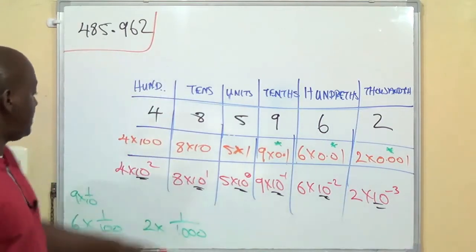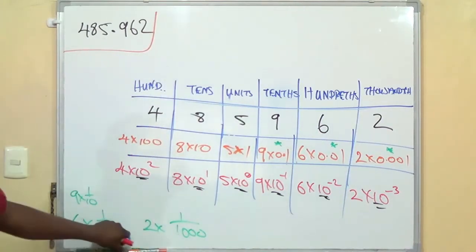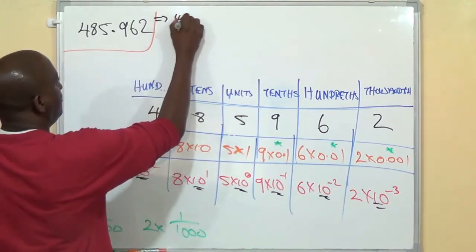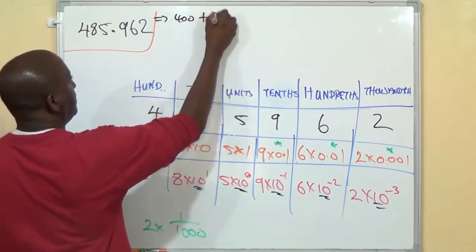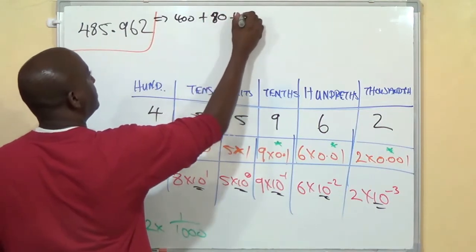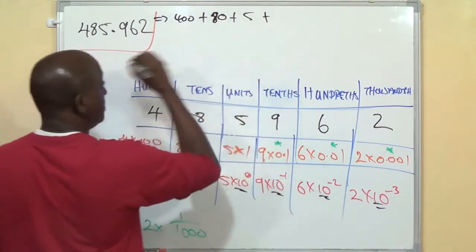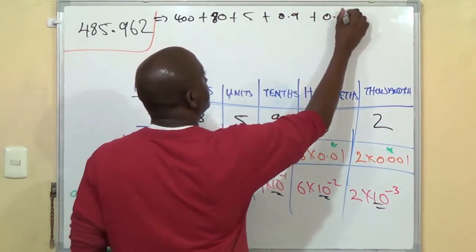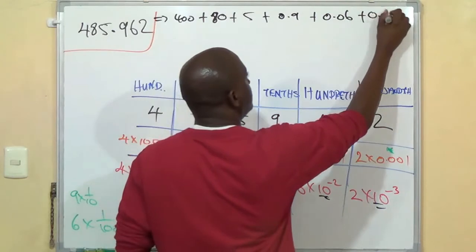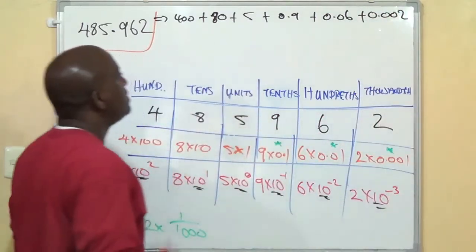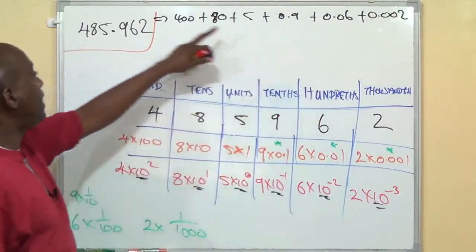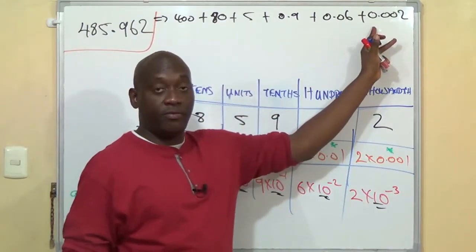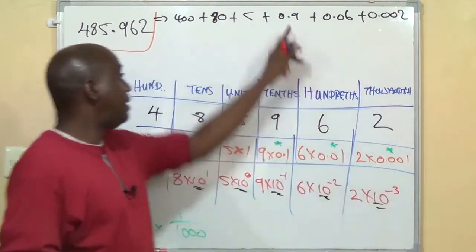So this is the same thing as, going back to the top here now, 400 plus 80 plus 5 plus 0.9 plus 0.06 plus 0.002. That is what it is. So any number we could think of can be broken down into the sum of powers of 10 like this.